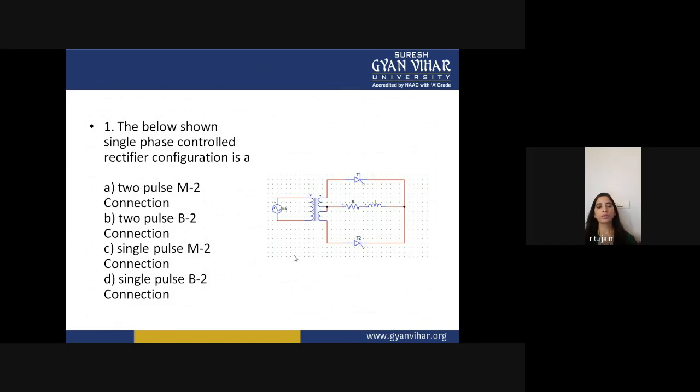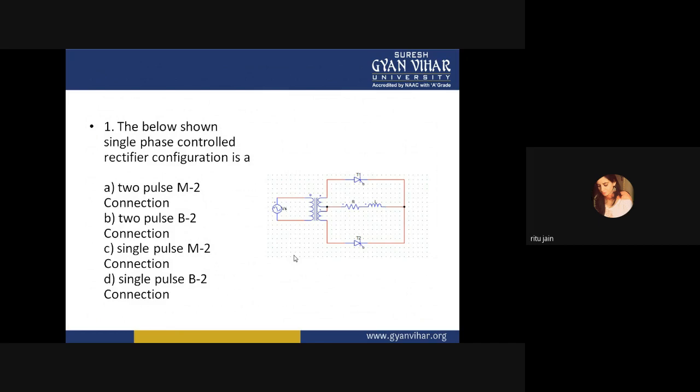So in a full converter, the positive waveform and the negative waveform both were converted into DC current. Basically a converter or rectifier is an AC to DC converter. In a controlled converter you are using SCRs, and if it is a half converter, then you are using two SCRs or two diodes.